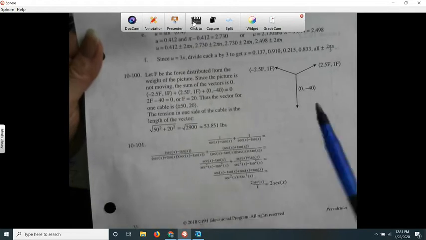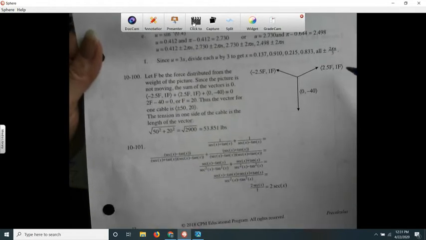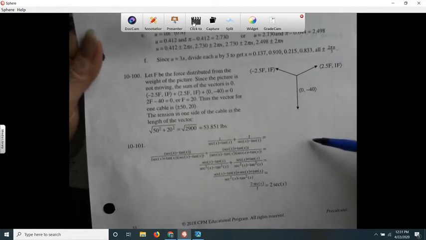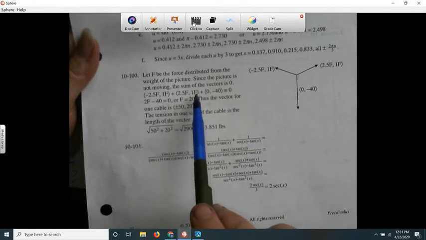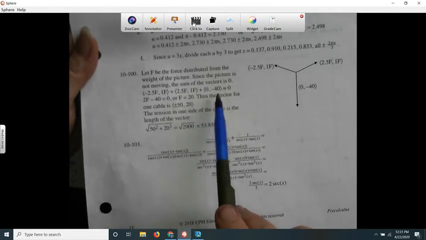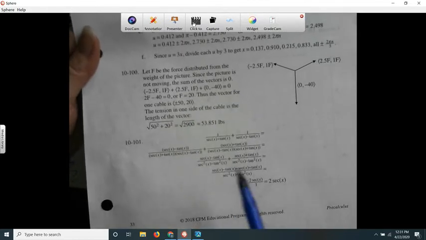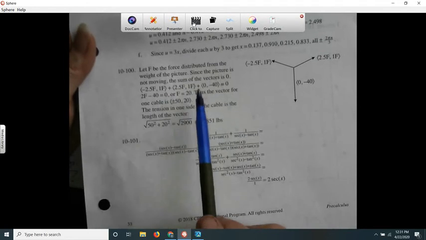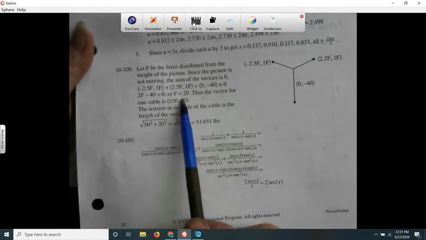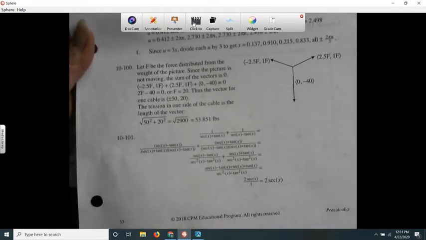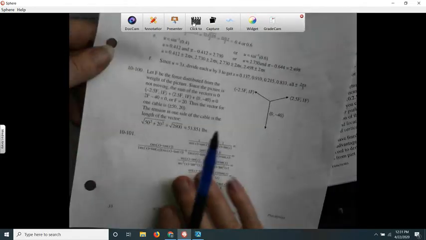But the up and down, the y component, the second component here, that has to do with the up and down movement, we've got 1 plus another 1 minus 40 equals 0. So they said, well, 1 plus 1 is 2. 2F minus 40 equals 0. So the force is 20, but we knew that. I think we knew that just by looking at the picture. It would be 20 and 20.